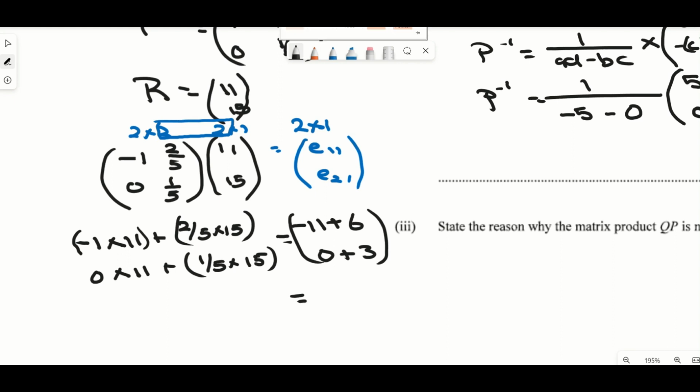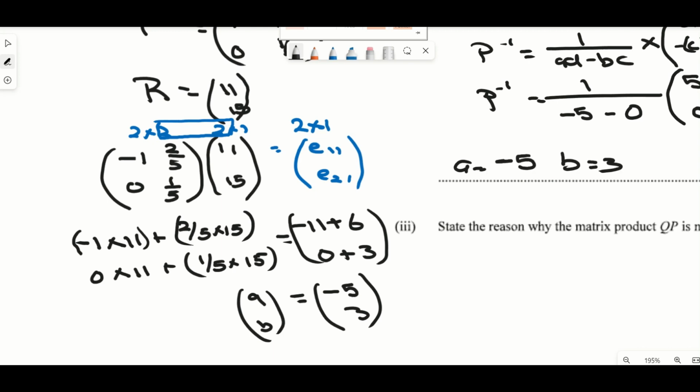Minus 11 plus 6 is minus 5, right? And 0 plus 3 is 3. Now we know this is A and B. When we find the inverse, it's equal to Q, which is A on top, B on the bottom. So that means A is equal to negative 5 and B is equal to 3, right?